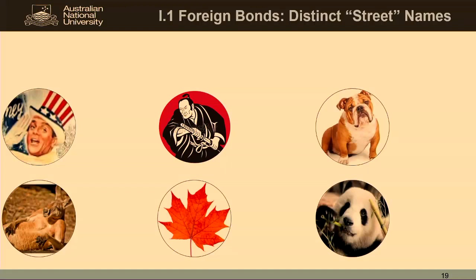So these are pretty self-explanatory types of names that are given to the foreign bonds that we see. What's the first one? Yankee, the Yankee bonds, absolutely. So these are foreign bonds denominated in US dollars, issued by a foreign company and sold to Americans. So these are called Yankee bonds.